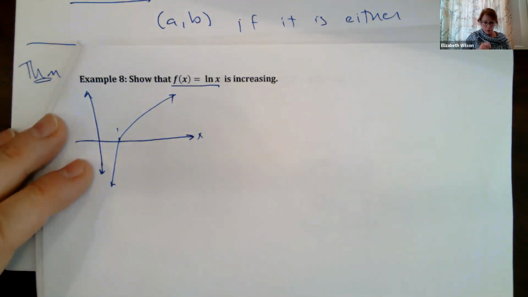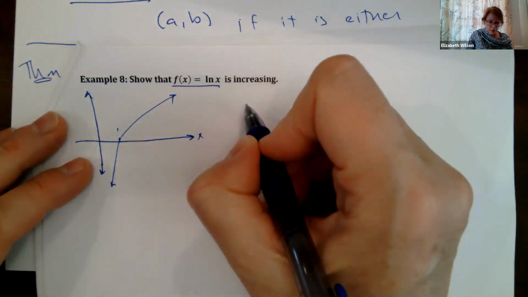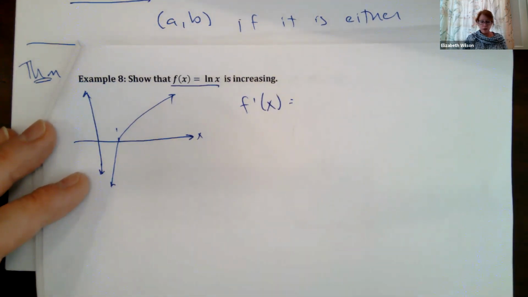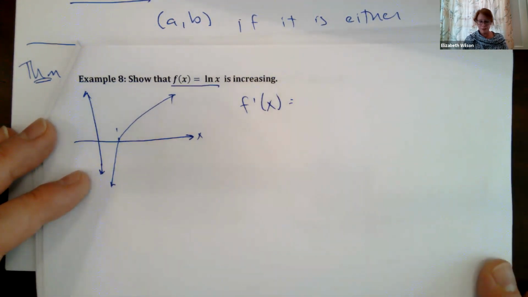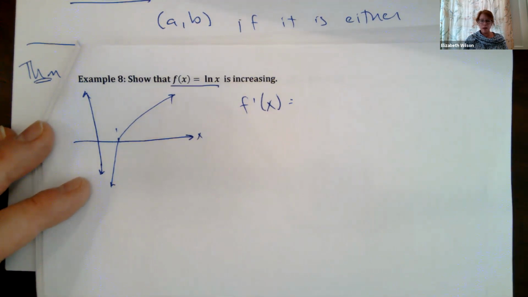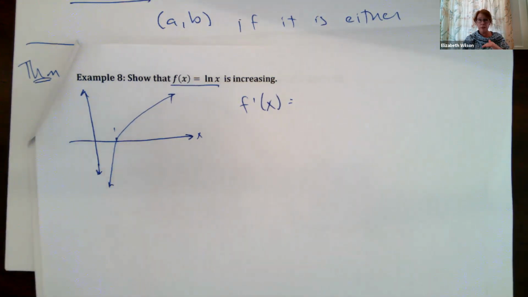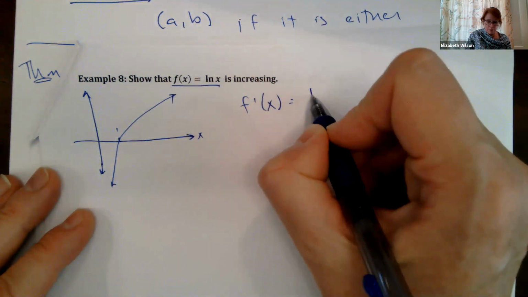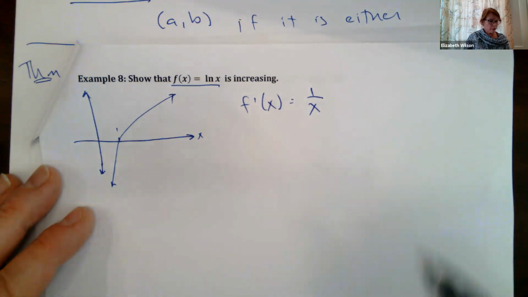Okay, all right, so now the first thing I need to do is I have to take the first derivative. Now remember, we're following kind of things in the book. We don't actually get to the power rule until chapter 2.1, I think is the power rule. So pretend, right, that we're doing our limit process and we're taking all these derivatives here. Okay, so my first derivative for my natural log function is 1 over x.